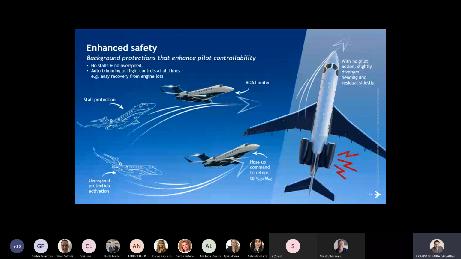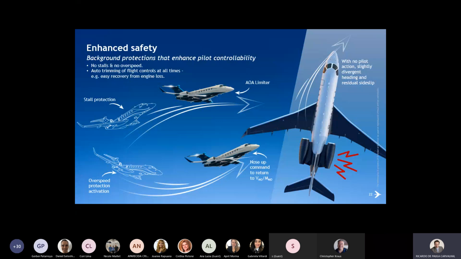So this slide is a bit complicated, and I really don't want to go too technical here, but this system is really important when controllability is in danger or when structure is in danger. Okay, so the airplane has a maximum speed. If I try to overspeed the airplane, the system will take over and reduce the speed.